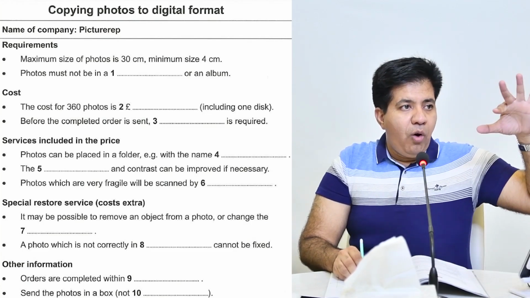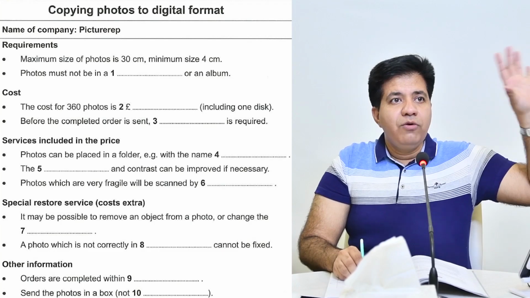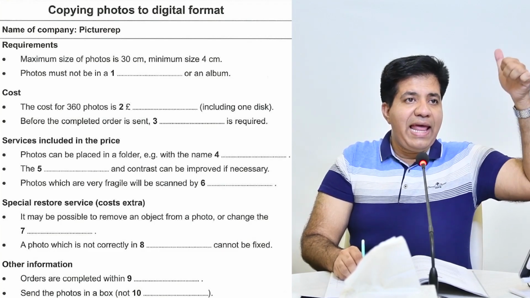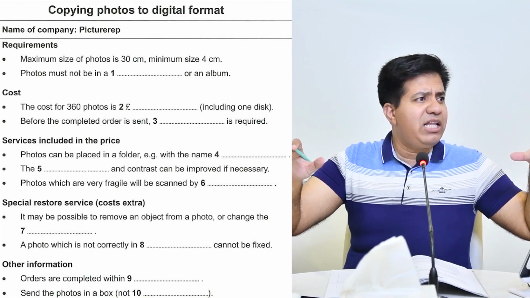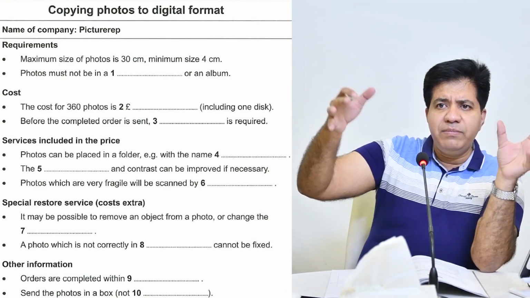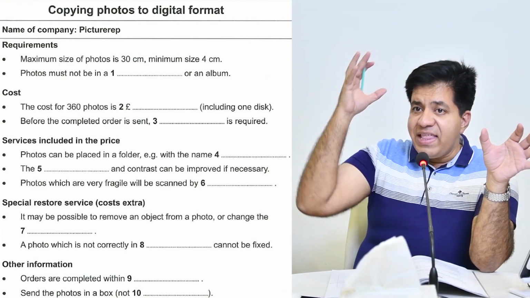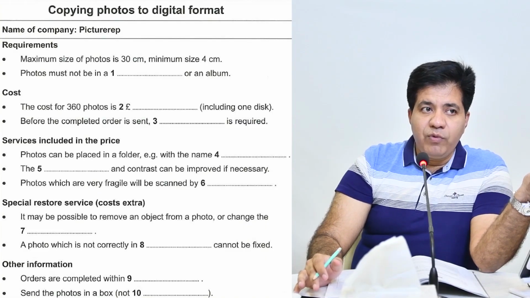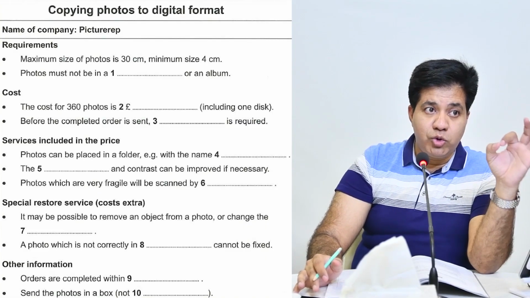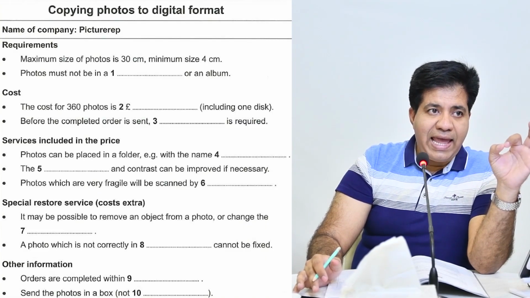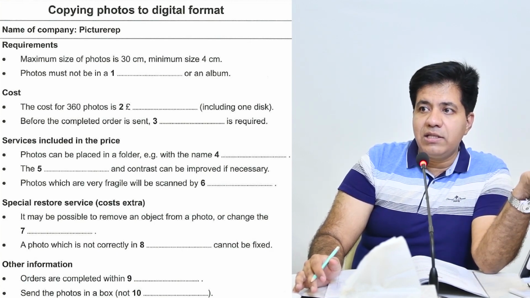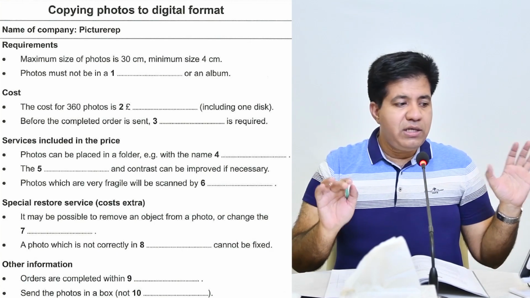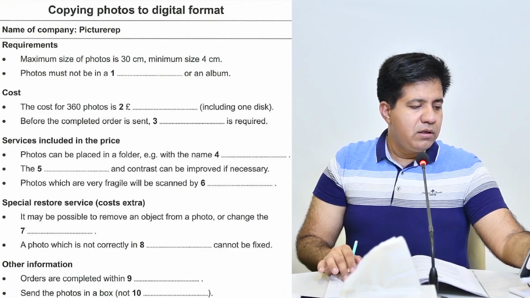So it means photos must not be in an album and in a dash, because when they scan the photos, if the photos are in an album, they cannot scan them properly. Now with album, the second word, whatever they say, like make sure your photos are not in album and they are not whatever, that will be the answer, right? Now I play the audio, listen, and comfortably you can answer.